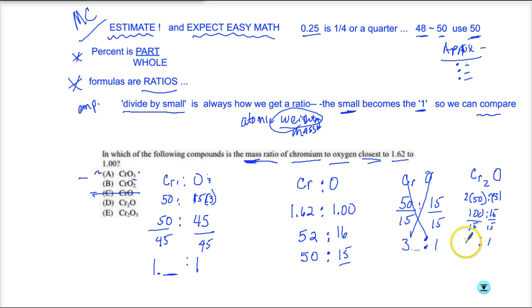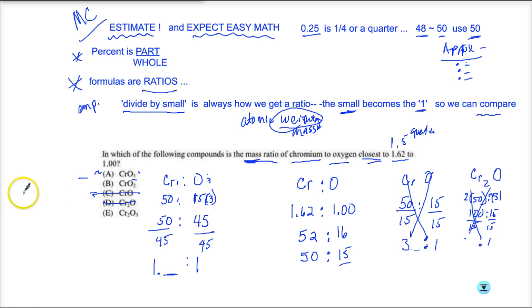It's like 6 plus. Here is another way to think about it: 1.62 is greater than 1.5, but less than 2. This is way more than 2 times the mass of chromium for the mass of oxygen. Therefore, that's out. So Cr2O is out.